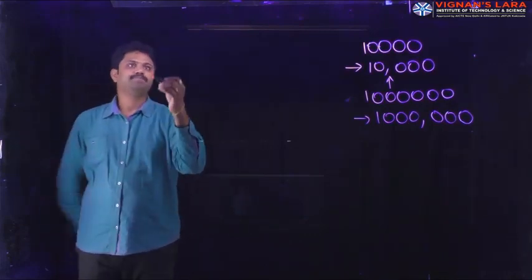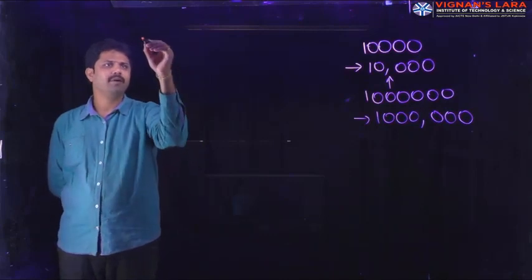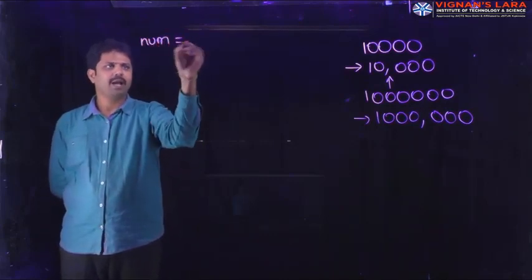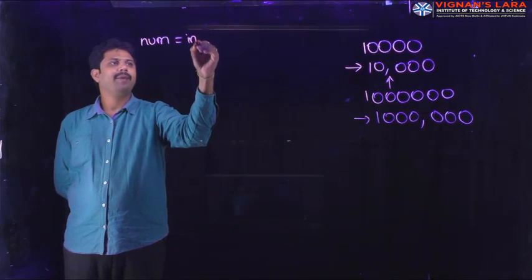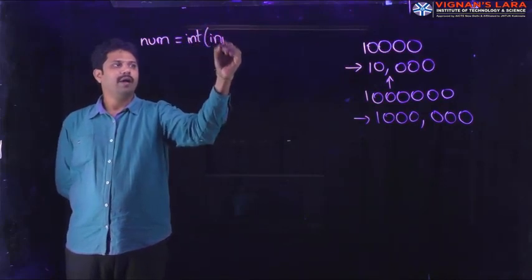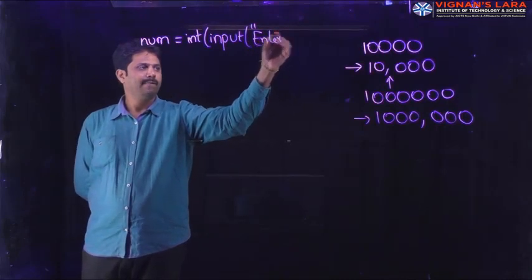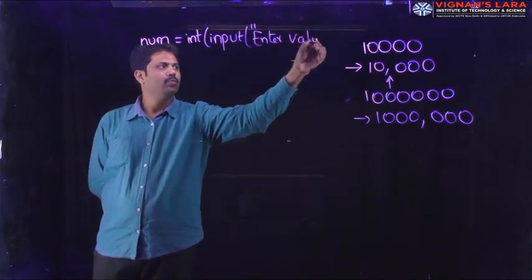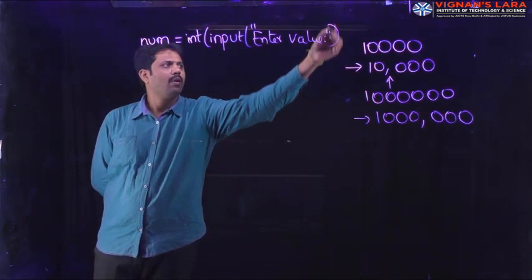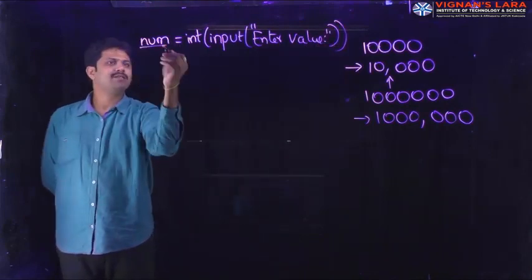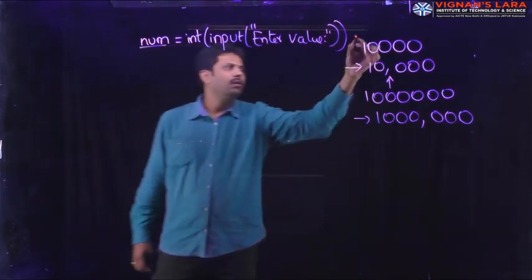Let us see. Now I take an input. I am taking a variable num. Here I am taking int of input of enter value. What does this num contain? This num contains this value.